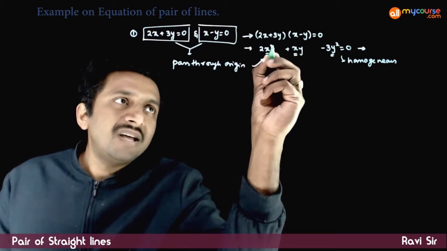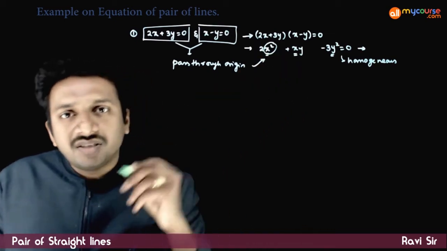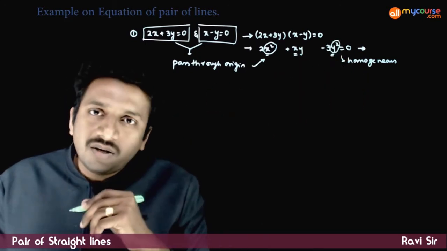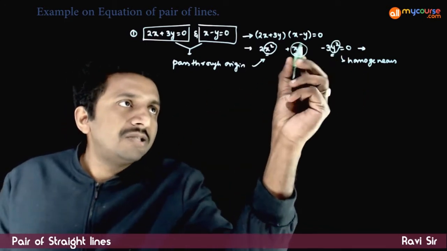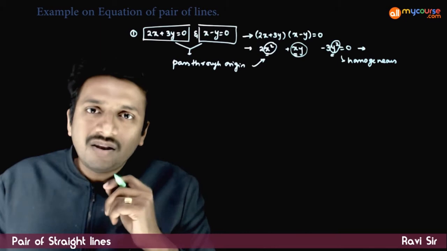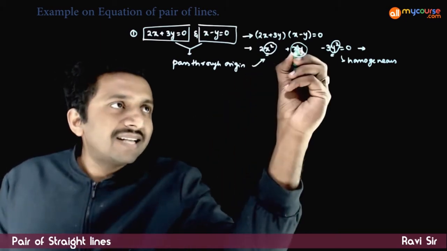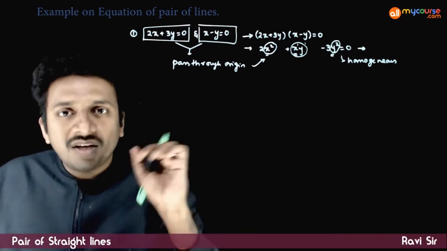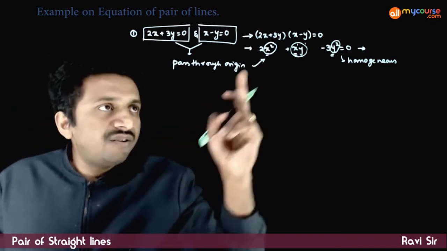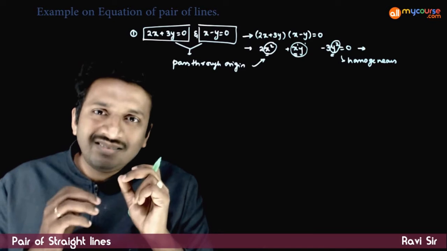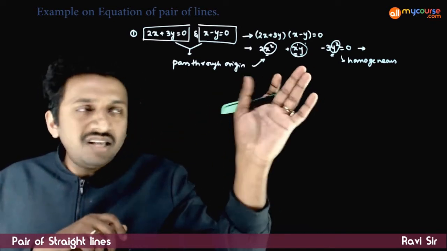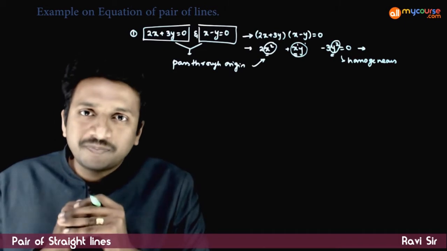That is, the first term has a power of variable equal to 2. The last term has the power of variable equal to 2. The middle term also has the effective power of variable equal to 2. That is, x has a power of 1, y has a power of 1, so the effective power of the variable is 2. So if each term has the same power of the variable, then such equations are called homogeneous equations.